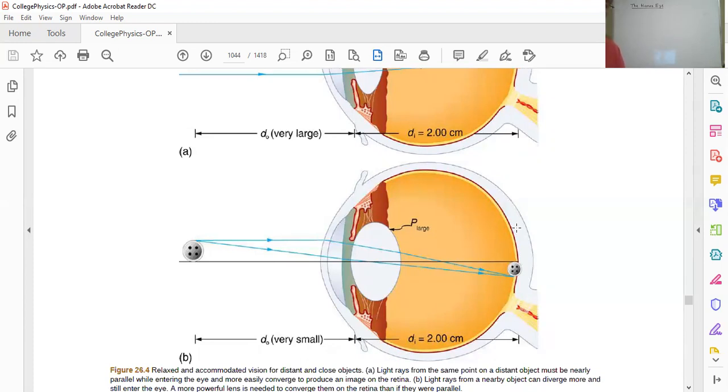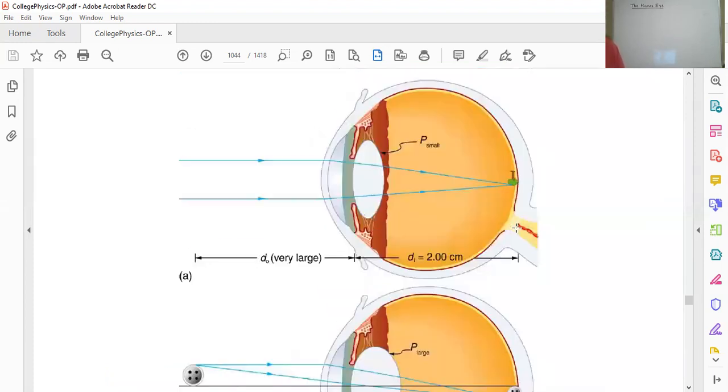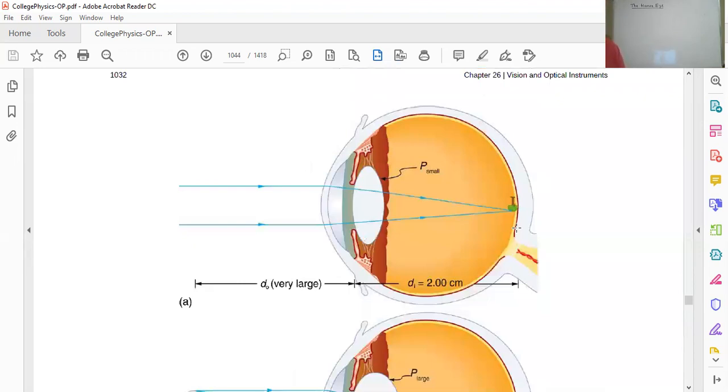Now, we typically have scientific instruments like microscopes and telescopes that are designed for the fully relaxed eye. Again, you really don't want to have your lens in a fully stressed or fully accommodated position all the time.